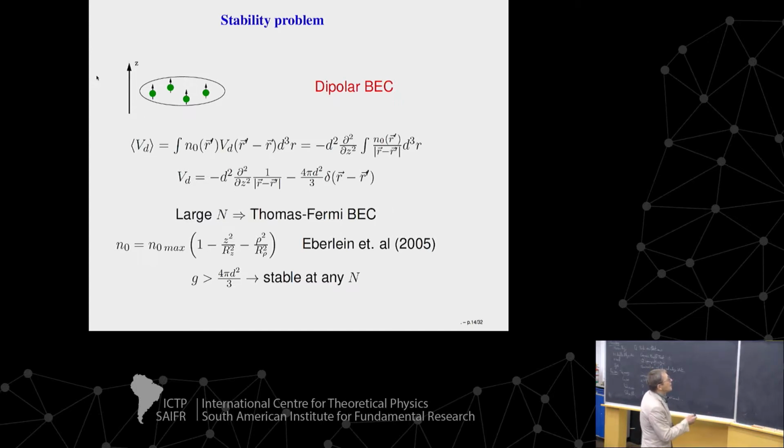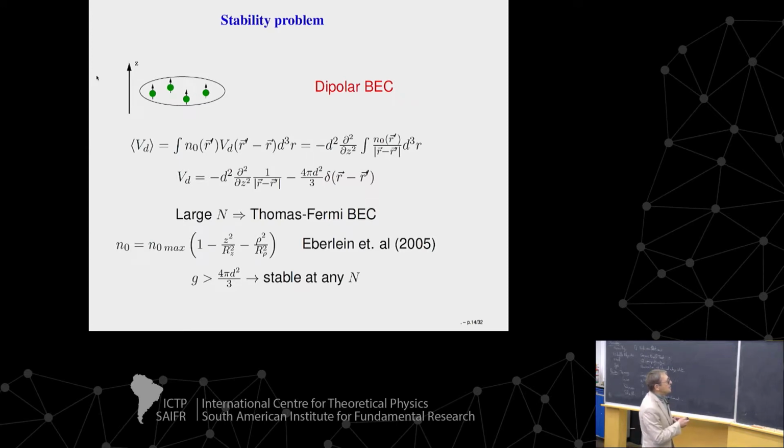Then, using this, what they have shown is that for a large number of particles, you have the so-called Thomas-Fermi BEC. The condensate density is just an inverted parabola, exactly in the same way as it is for the short-range interaction, but the parameters of the parabola are different, yes?